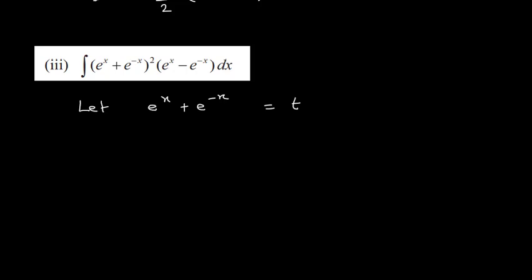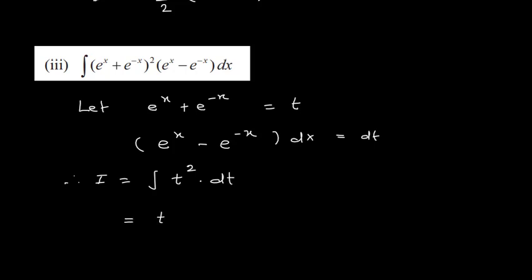So the derivative of e power x is e power x, and the derivative of e power minus x is e power minus x into the derivative of minus x, which is minus 1. So you can write this as minus e power minus x. So this whole into dx will be dt. Therefore I is, now this whole term is t, so it is t square into dt.